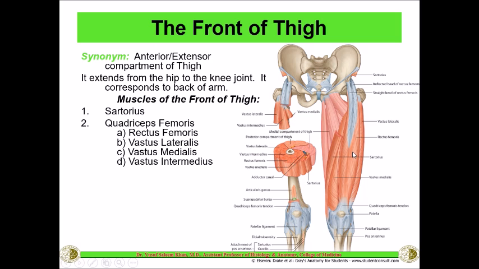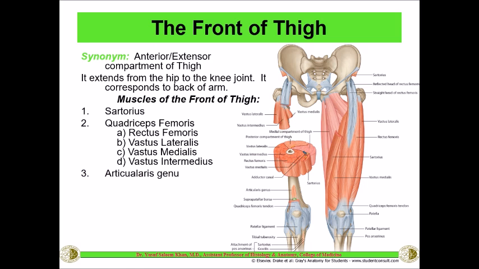So if you cut this rectus femoris, then you can see the vastus intermedius. If you see this cross section, here you can see the vastus lateralis, this is the vastus medialis, this is the rectus femoris, and behind this rectus femoris is the vastus intermedius. So these are the 4 muscles which are together called the quadriceps femoris.